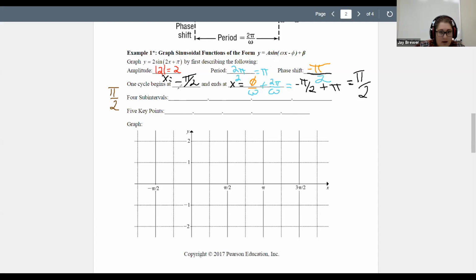The next spot, you would do negative pi over 2, and then if you added pi over 4, what would you get as your second bound there?